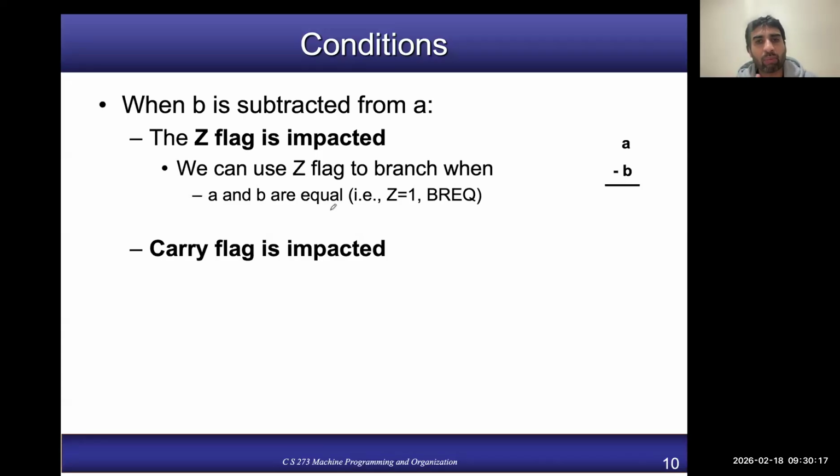If we want to branch if A and B are equal, we can use the branch equal instruction, which will take the jump if Z is equal to 1.